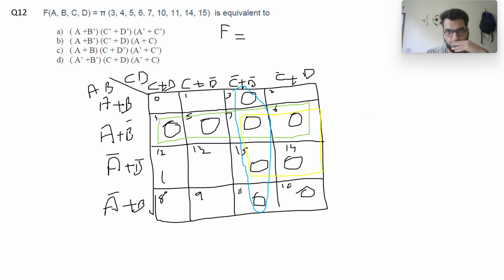The contribution from this quad is B bar plus C bar. Yes, it's B bar plus C bar.